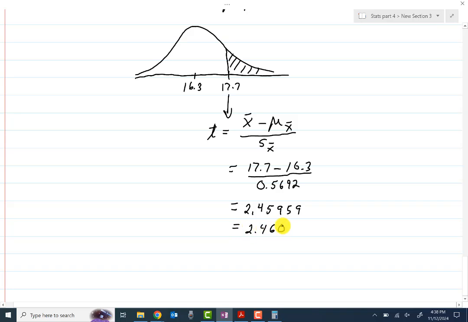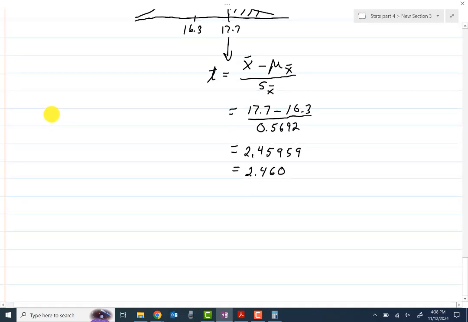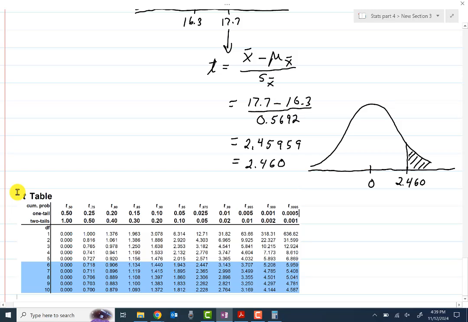Now draw a new picture just like you did before. This doesn't look any different really than the ones that we were using when we knew the standard deviation. I've brought up enough of the table to work this here. The table has degrees of freedom.